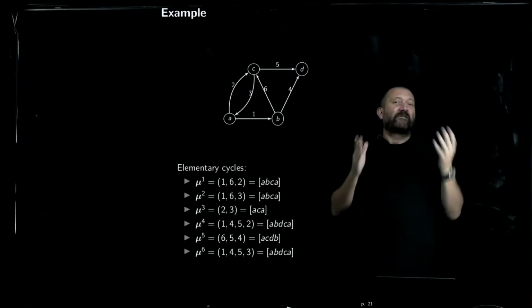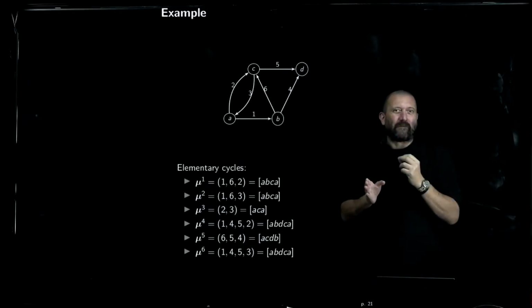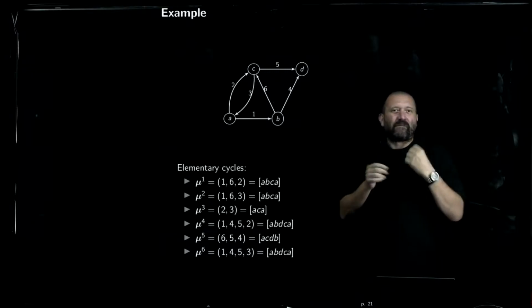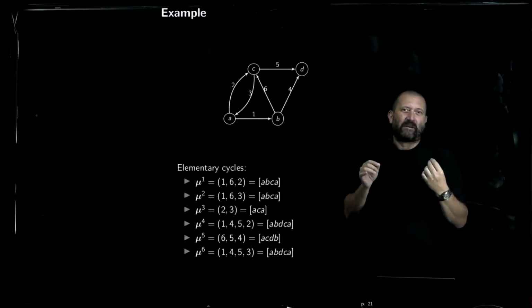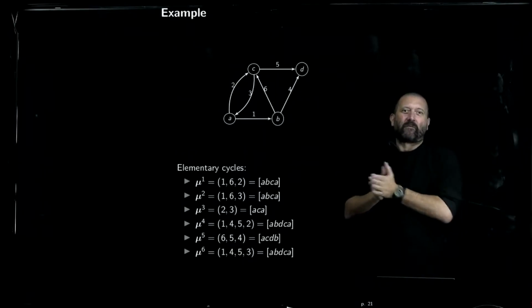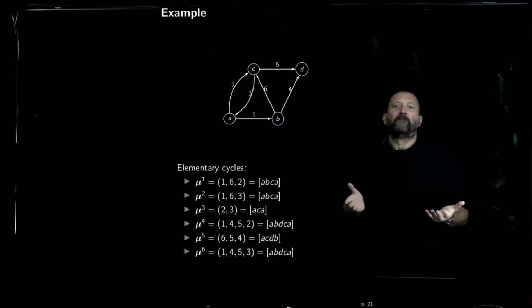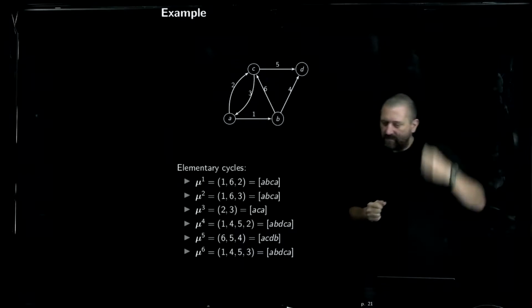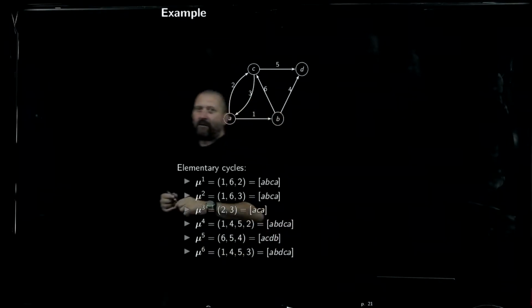Actually, there's a bunch of others, but we are going to say that 2 cycles which end up doing the same thing essentially are the same. So for simplicity, I'm only going to look here at cycles that start at A. And you can see the cycles that are denoted here.